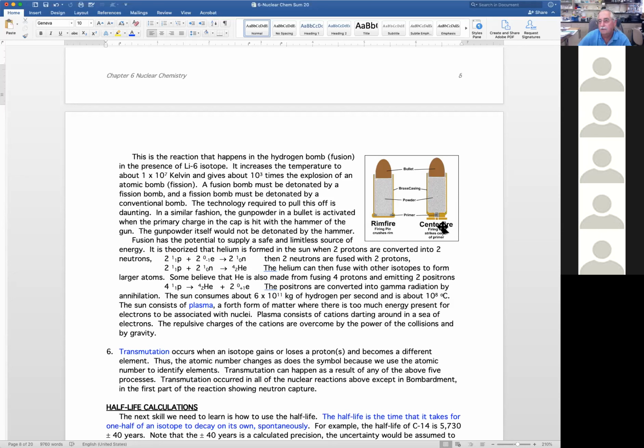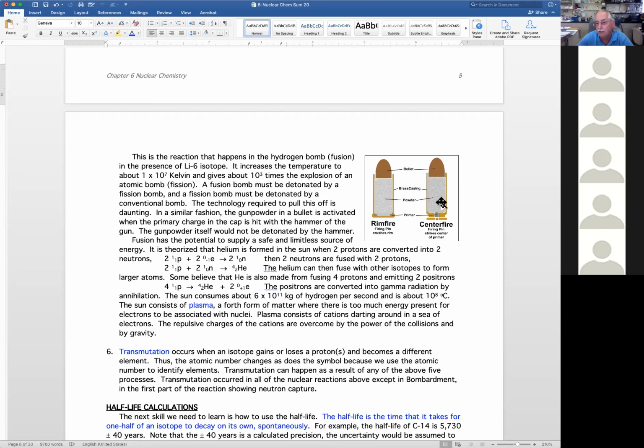So how do you make the gunpowder go off? You center the energy on the primer. That is pressure sensitive. It causes that to blow up, and that little explosion causes the rest of the gunpowder to explode.